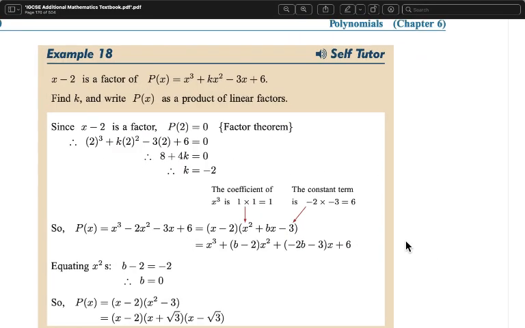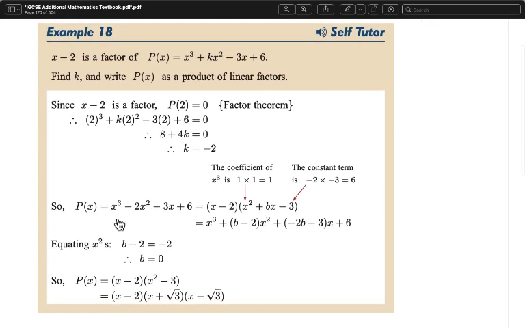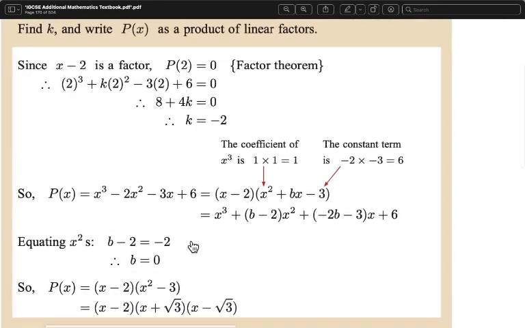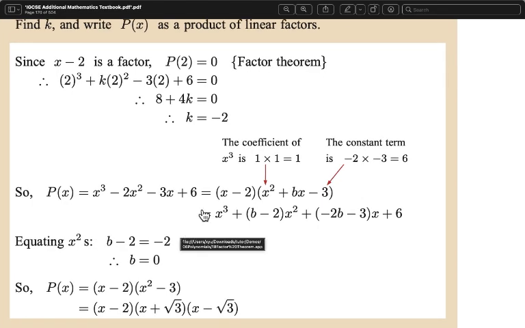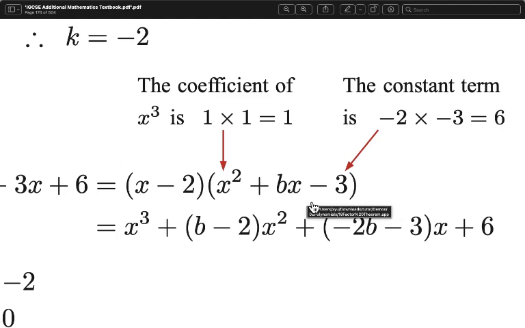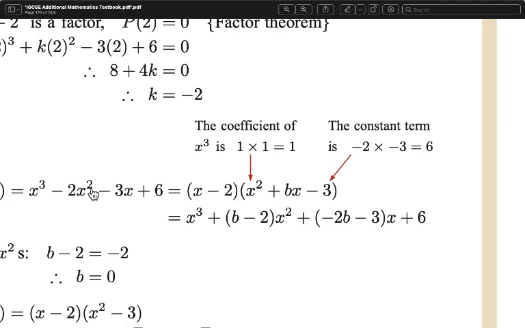As you obtain the value of k, then you input it back into the original equation. So the original equation is now x cubed minus 2x squared minus 3x plus 6. However, it is still unknown when breaking down the quadratic term of x, as there are two ways you can obtain the value of this.